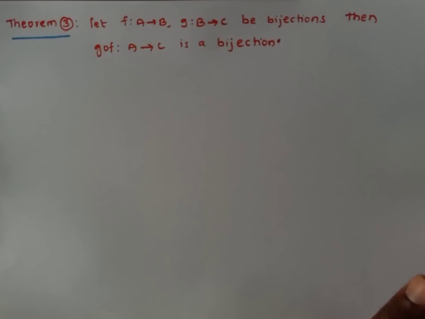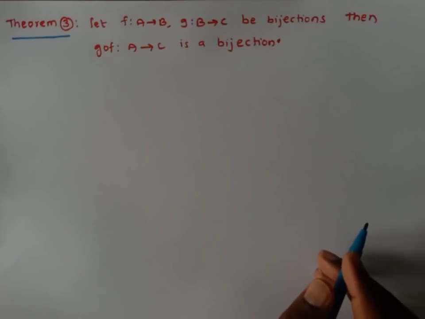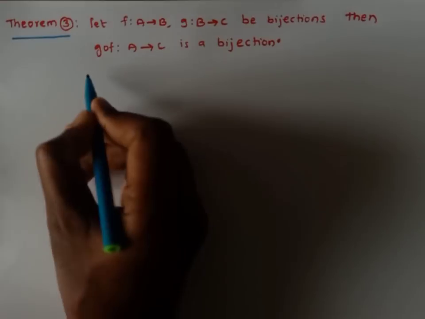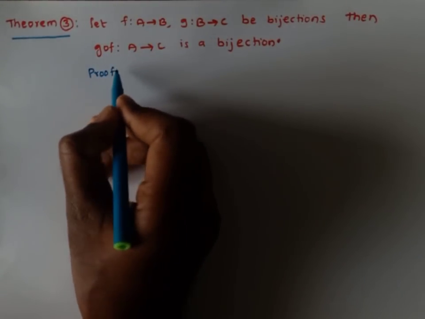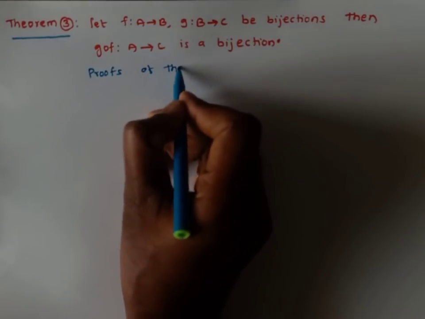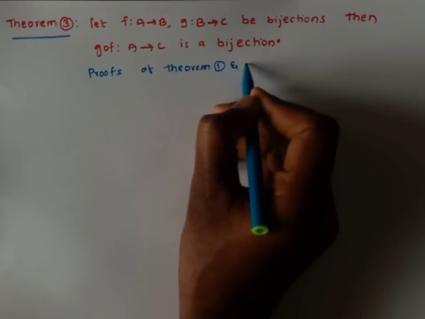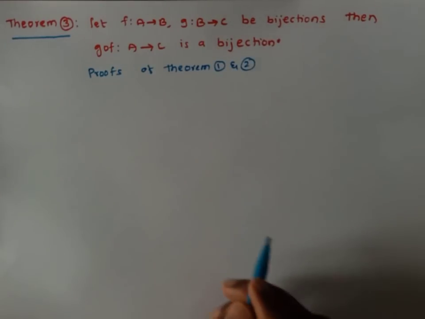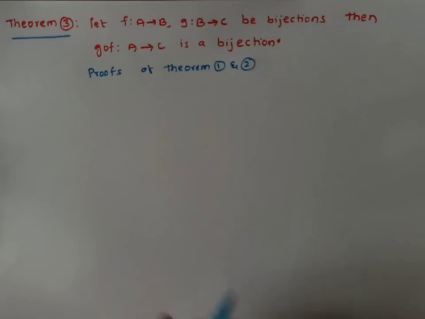The proof of this theorem uses the first two theorems. Means you need to write the proofs of both theorem 1 and theorem 2. So the combination of 1 and 2 is the result of this.